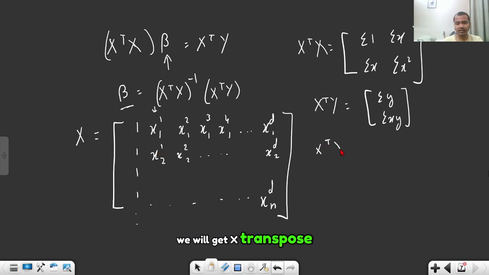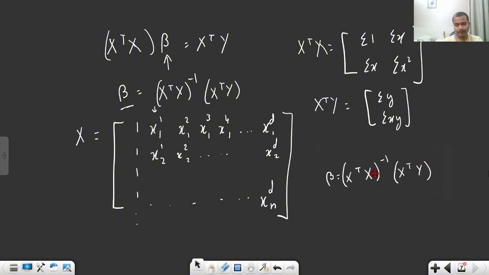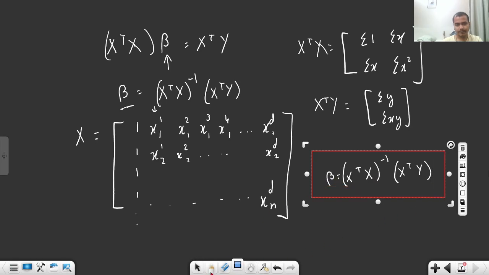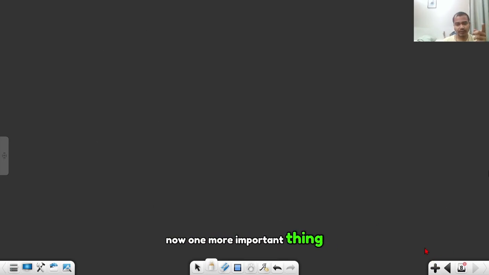We get x transpose x, take its inverse, multiply it with x transpose y, and we get beta. Our work is done. But now one more important thing.